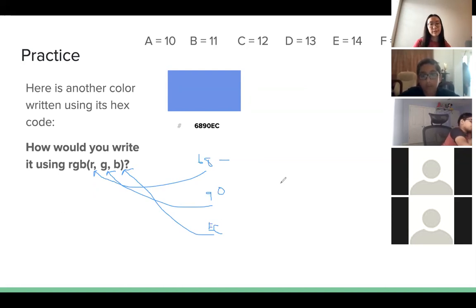But you don't have to worry about this format. So how about we just try converting 68 from hexadecimal to decimal. 68 is in hexadecimal. What would that be in decimal?